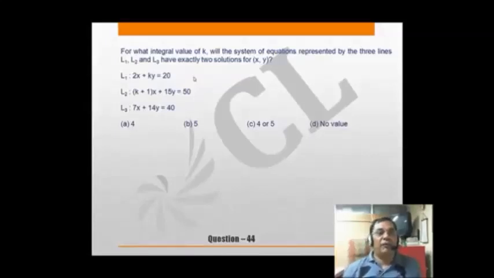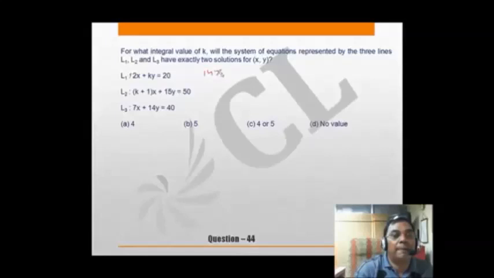For what integral value of k will the system of equations represented by 3 lines lead to a solution for x, y? Here we can see these two, so we can solve simultaneously. Okay, so if I multiply it by 7, so 14x plus 7ky is equal to 140.